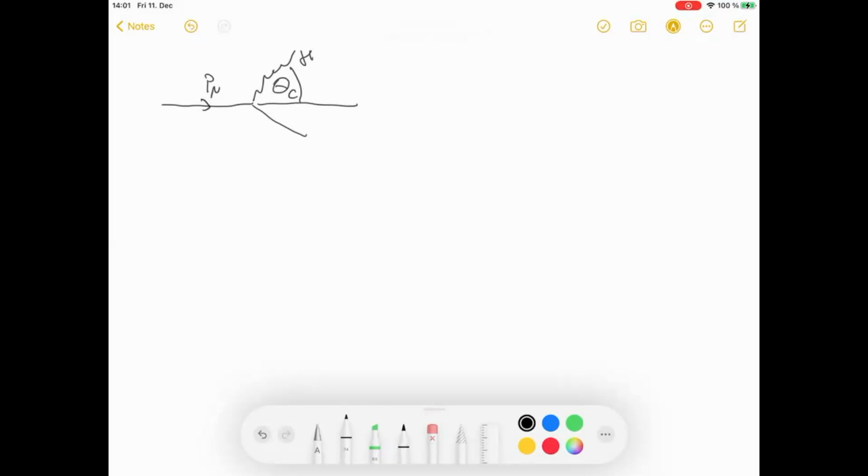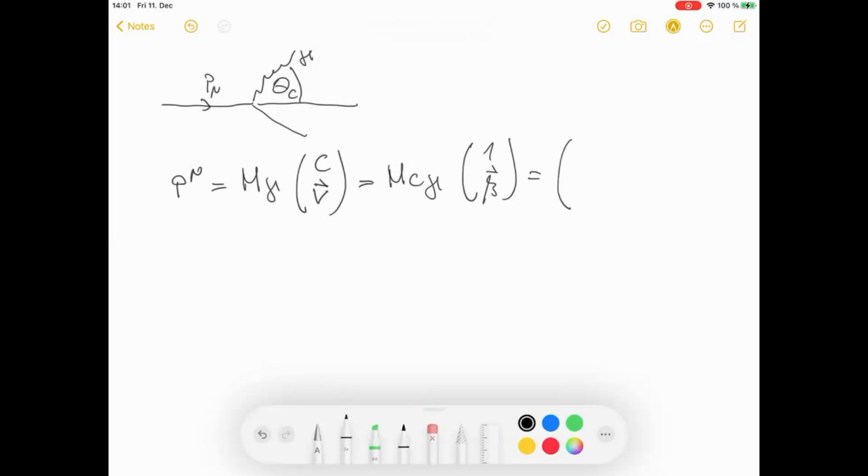Now, we start as usual by writing the momentum in a certain useful form. So m is the mass of the particle, and we choose c and v as the components of the vector. We can rewrite this as mc gamma times (1, beta), as you know, or we can also use E over c and the momentum.